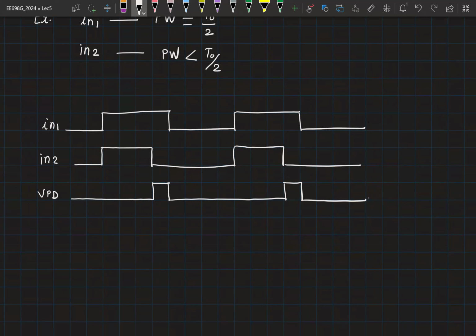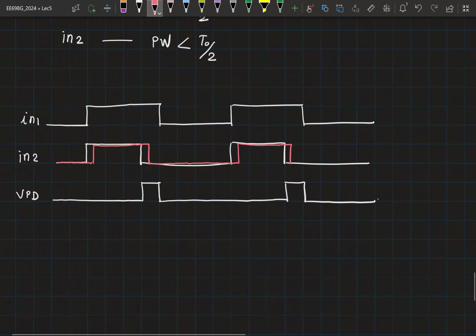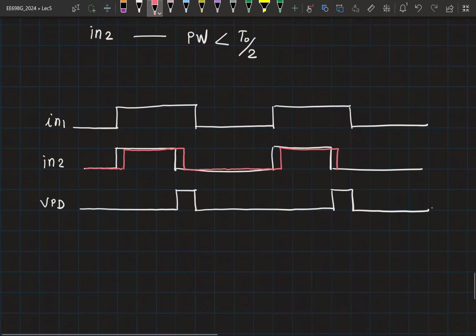Now let's say I shift my N2 to the left side by a small amount. So my N2 is now like this. Right? Now corresponding to this, I will have a pulse here, and this pulse is now going to be smaller. Right? So first of all, for delta T equal to 0, we have a non-zero average. VPD average is a finite value.